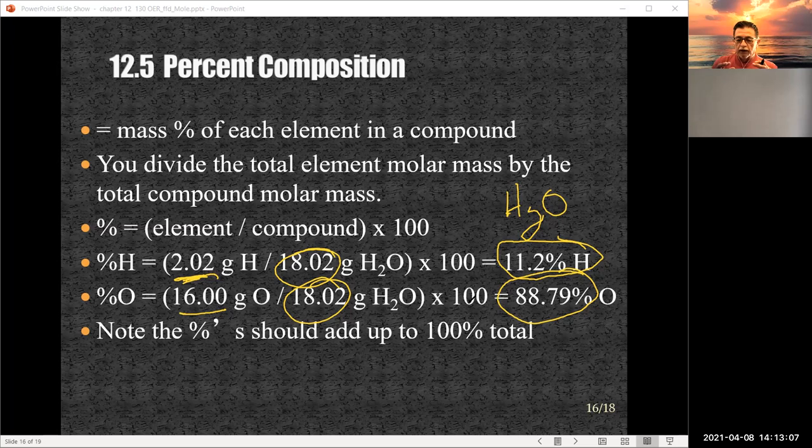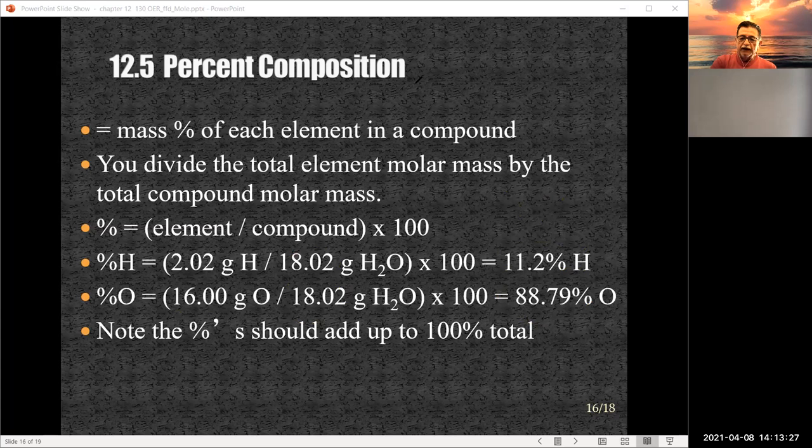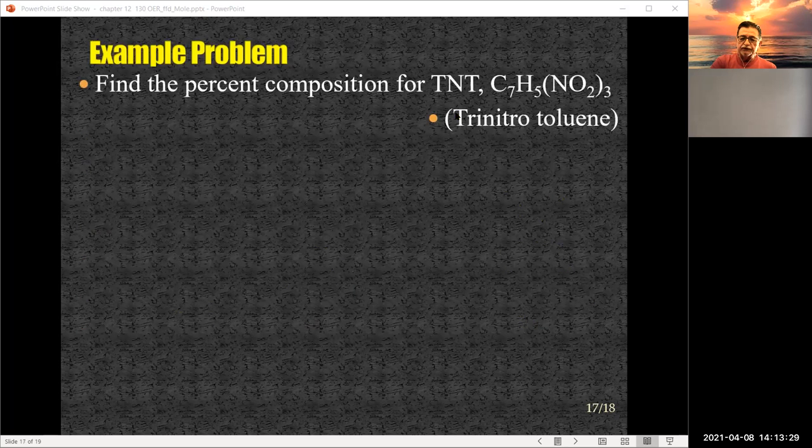Then we use that with what we call spectroscopic information to verify our structure. That's how we know the structure looks like this, because we have spectroscopic data and all kinds of other data to verify it. All right, so that is percent composition.